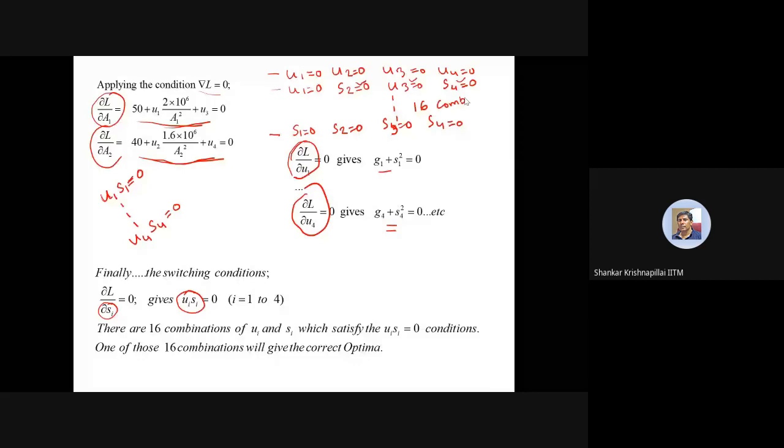All the other 15 combinations will give absurd results, like S1 squared is equal to -3, S2 squared is equal to -4, etc. So strictly speaking, you have to manually try all these 16 combinations and find which one is giving non-absurd results.